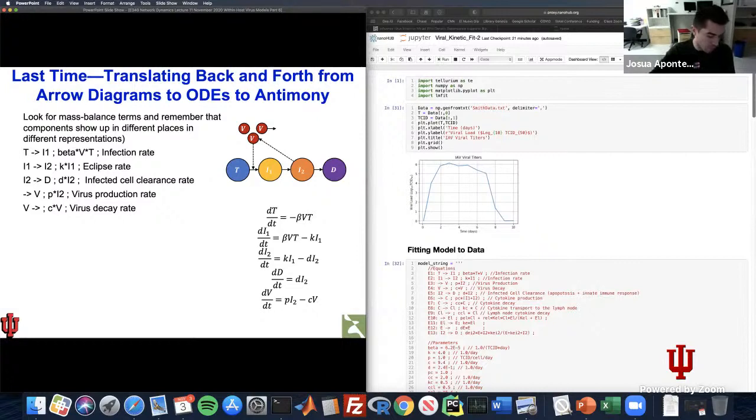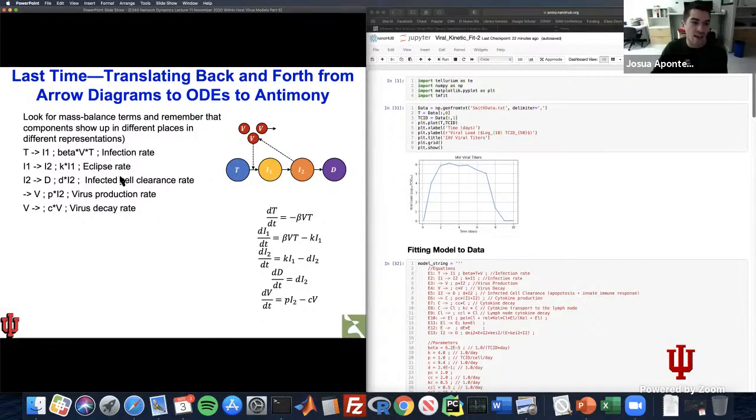So the rates that describe this viral kinetic model are the infection rate that is determined by this parameter beta that we've seen multiple times. It is the infectivity of the virus.